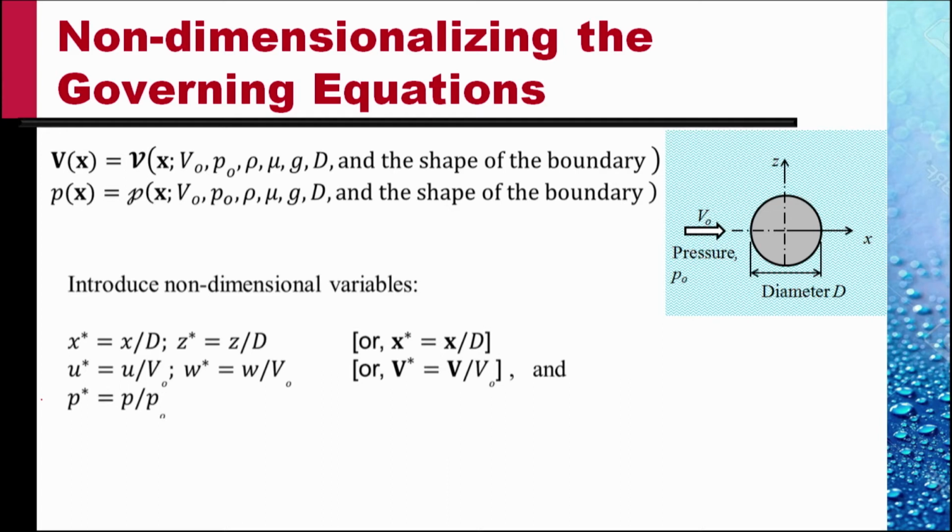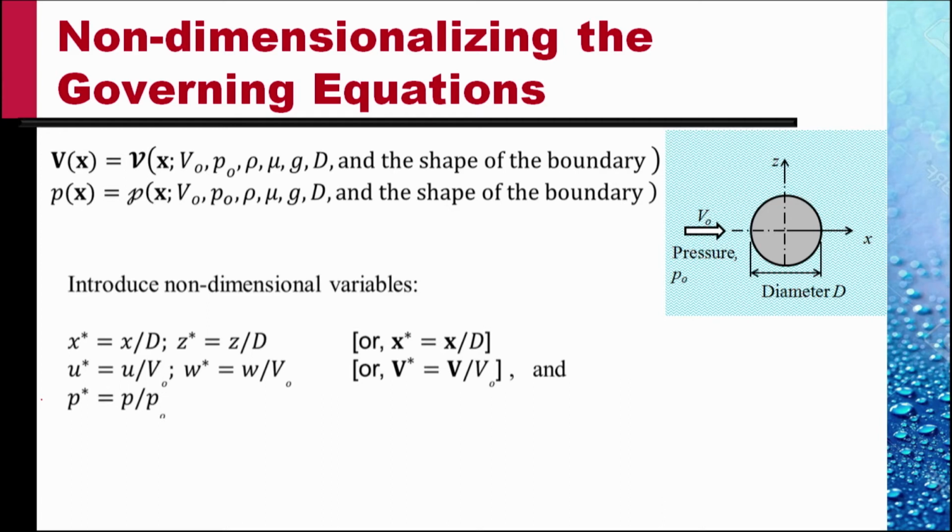Star as a superscript here denotes that we have non-dimensionalized the quantity. x by d, or x star, would be a pure number. This is a measure of the location in terms of the diameter of the cylinder, or a length which is inherent to the problem.